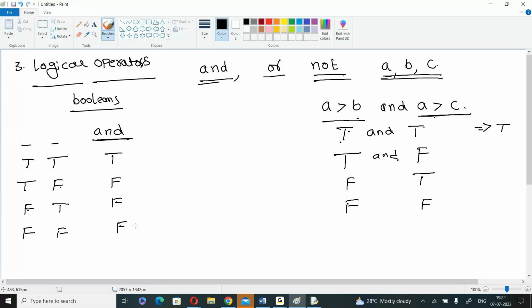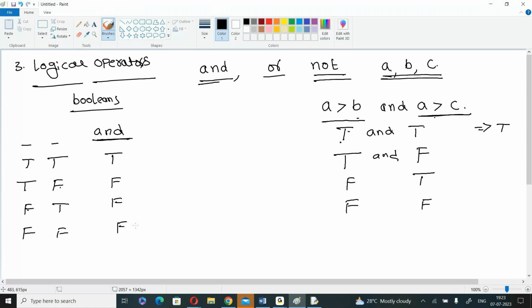That means AND means if both the conditions are true, the result is true. If at least one is false, the result is false. Is the point clear?